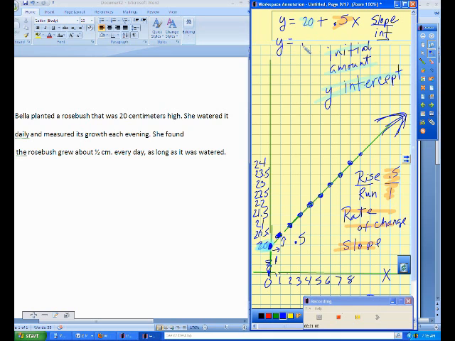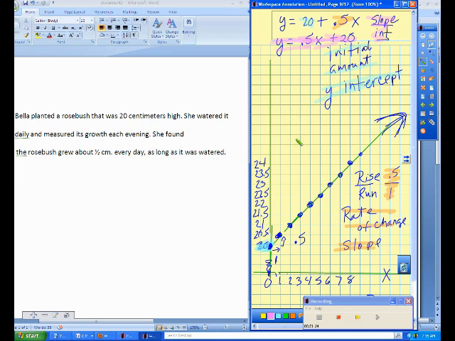Normally we see it with the slope written first, and then the y-intercept written after. Why is it called slope-intercept form of an equation? Well, look, it's got the slope, or the rate of change, and the y-intercept, or the initial amount, right here in the same equation, slope-intercept form.